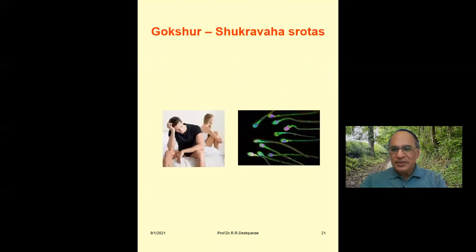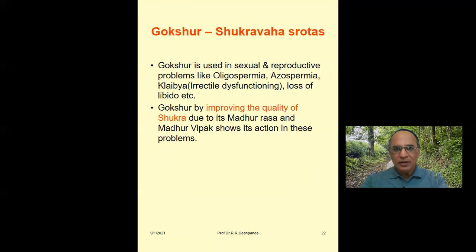Gokshur basically acts on the shukra vaha srotas, the reproductive system. Can you see the husband and wife? These sperms are there, spermatozoa are there. If there is oligospermia, azoospermia, weight loss, ojaksha, then definitely you can go for Gokshur tablet. Gokshur is used in sexual and reproductive problems like oligospermia, azoospermia.